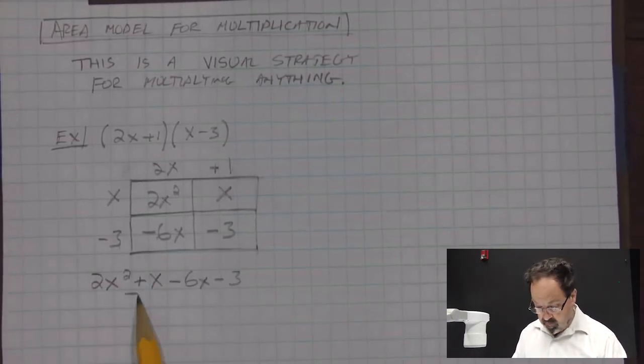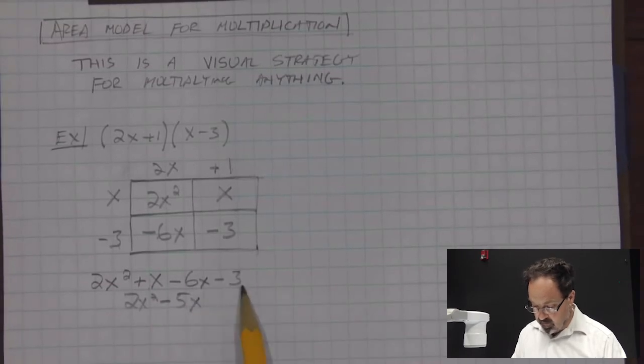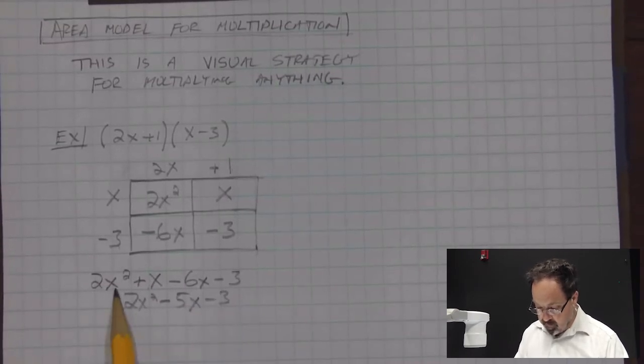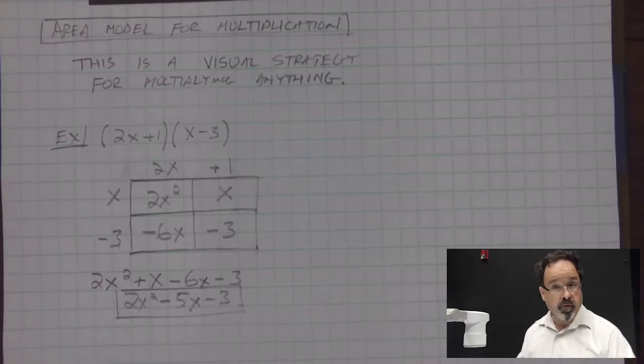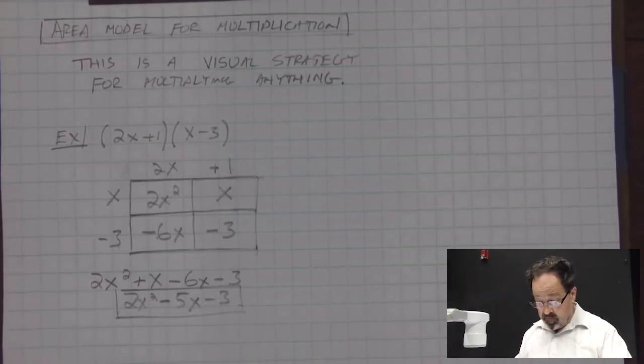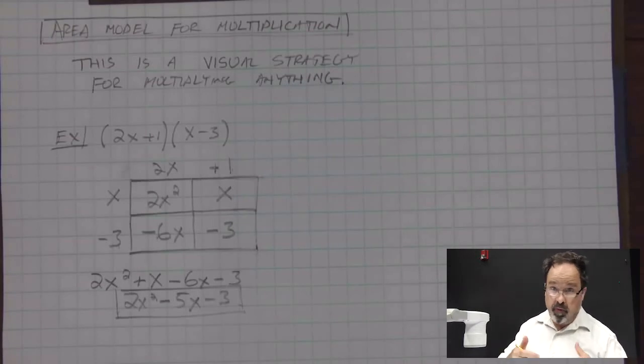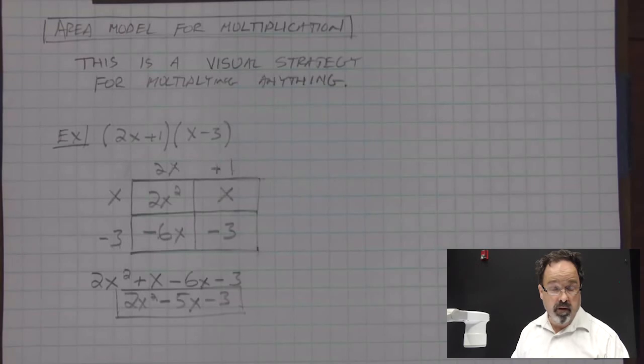The 2x squared doesn't combine, but a positive x and a negative 6x combine to be a negative 5x, and we have the negative 3. I'm going to put a box around my final answer. This is a visual strategy because I'm using boxes and sides, and I'm using it to focus on just a piece of a problem at a time and collect the answer in the end.